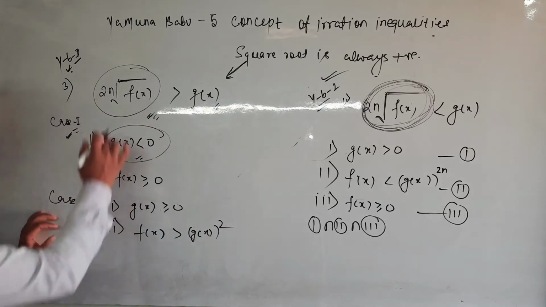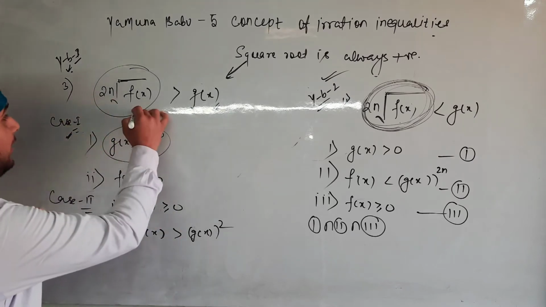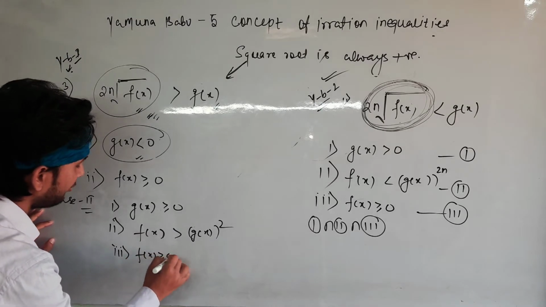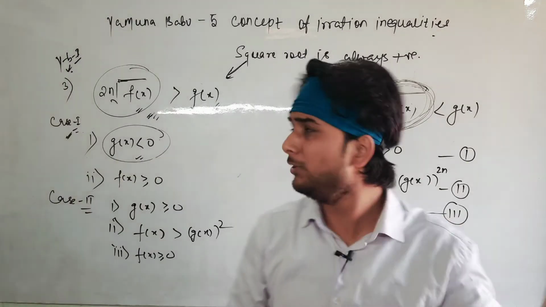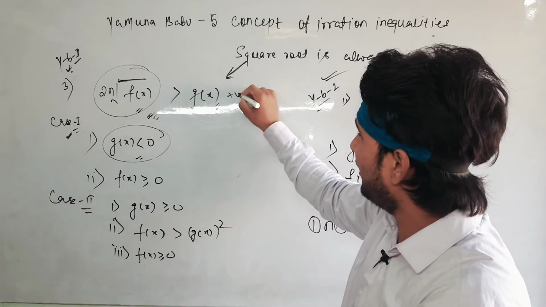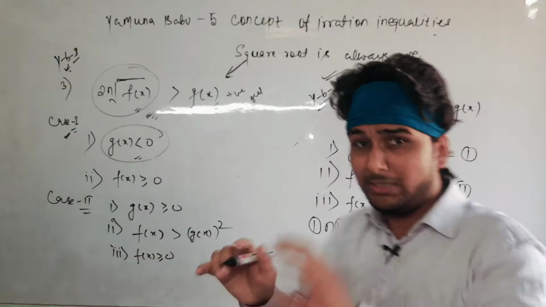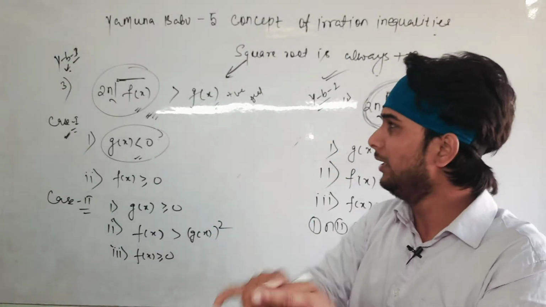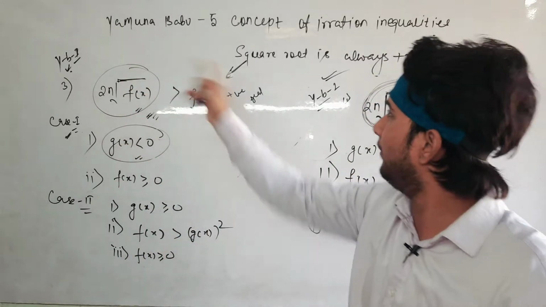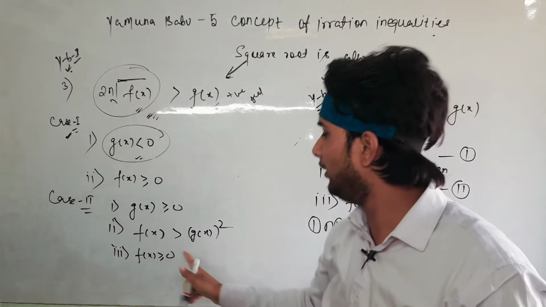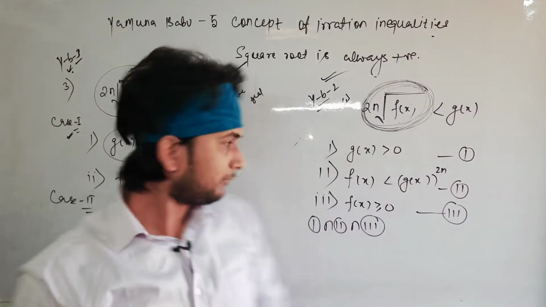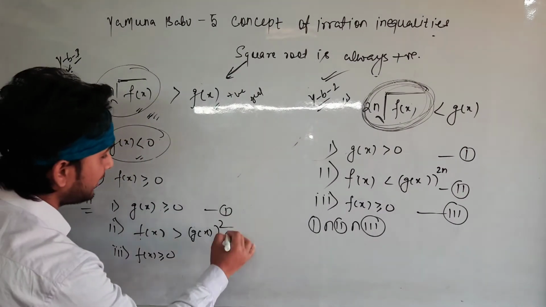And if you define that f(x) is greater than or equal to 0 here also, as we know that a square root is greater than any positive real number or positive real expression, it means that the square root also must be positive. That's why there is no need of condition 3. You can use only the first and second.